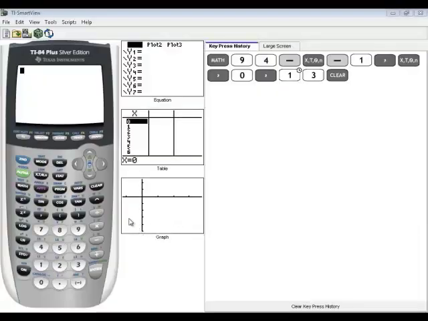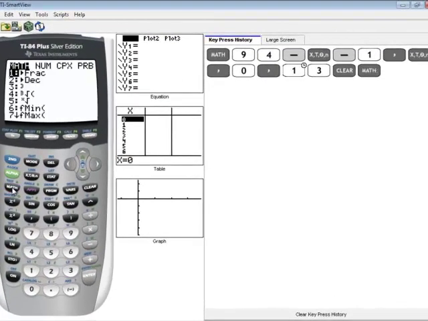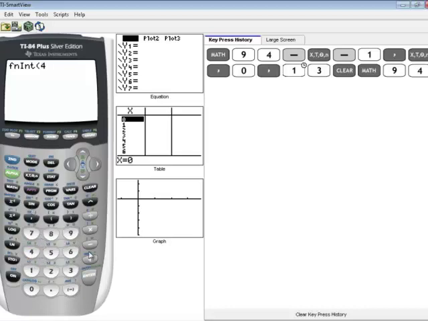To compute the antiderivative, we will select the Math menu, and under this menu, the ninth option, FNINT. Our function is a function of y, but for convenience, we're going to use the variable x. So instead of inputting 4 minus y minus 1, we will input 4 minus x minus 1.